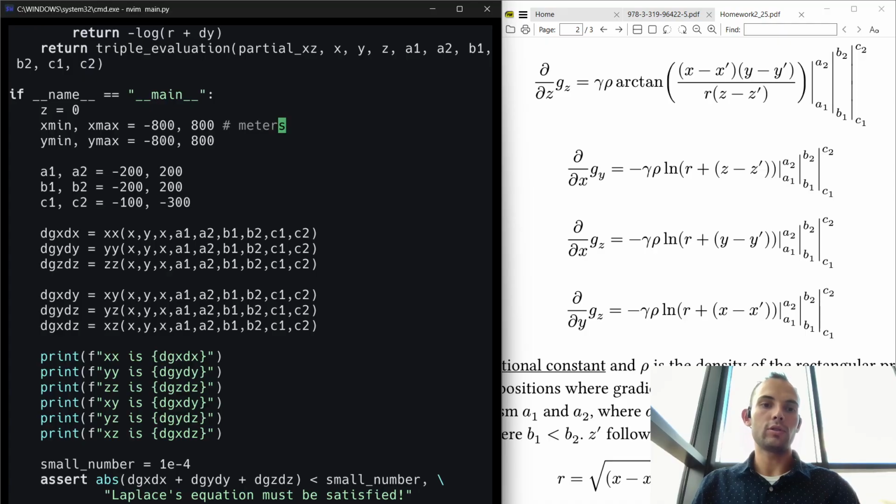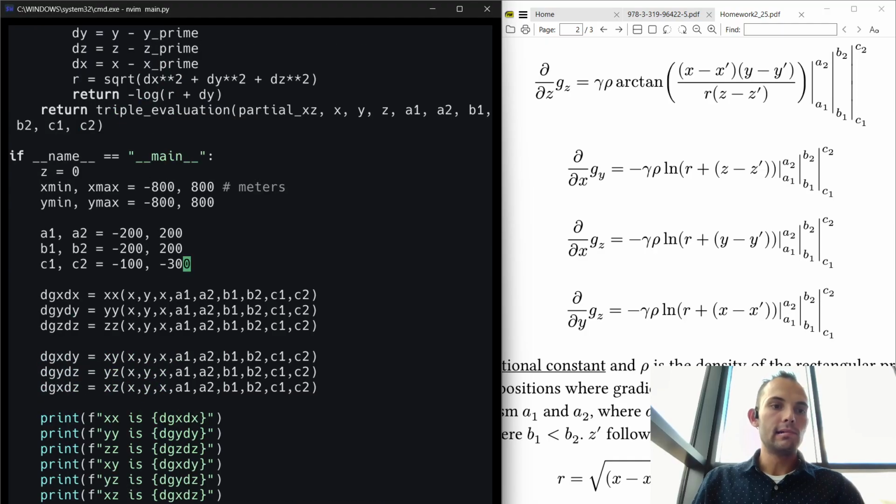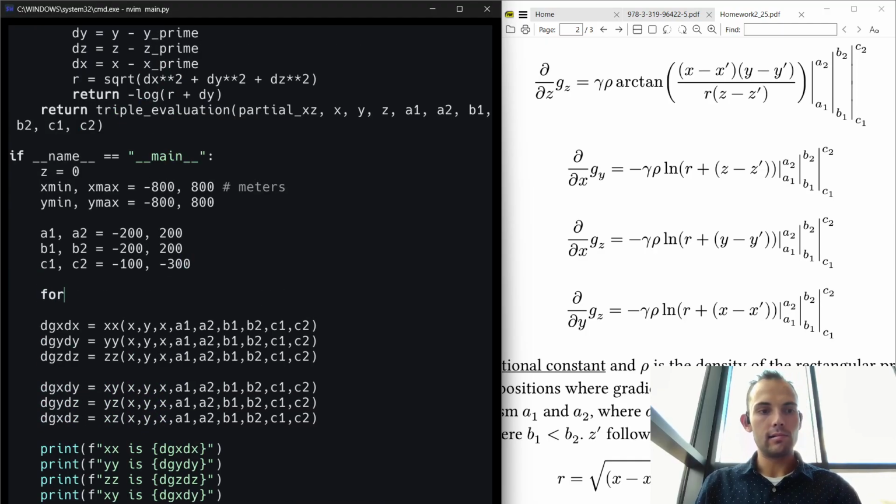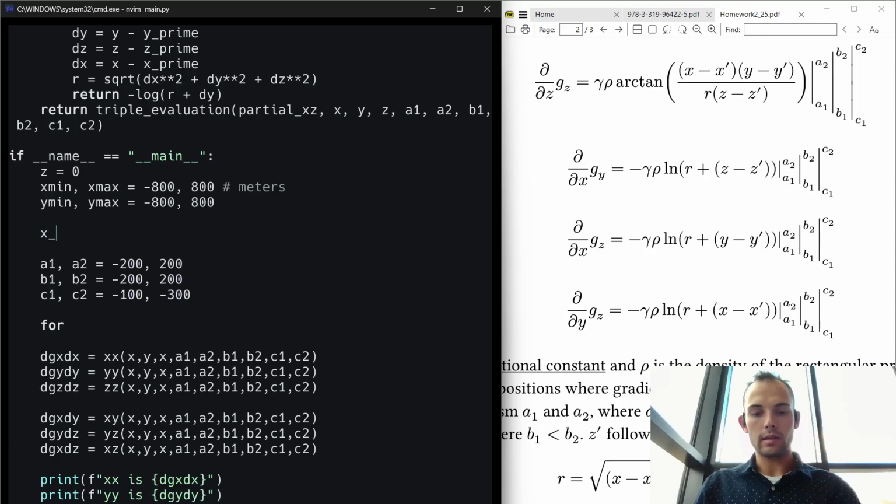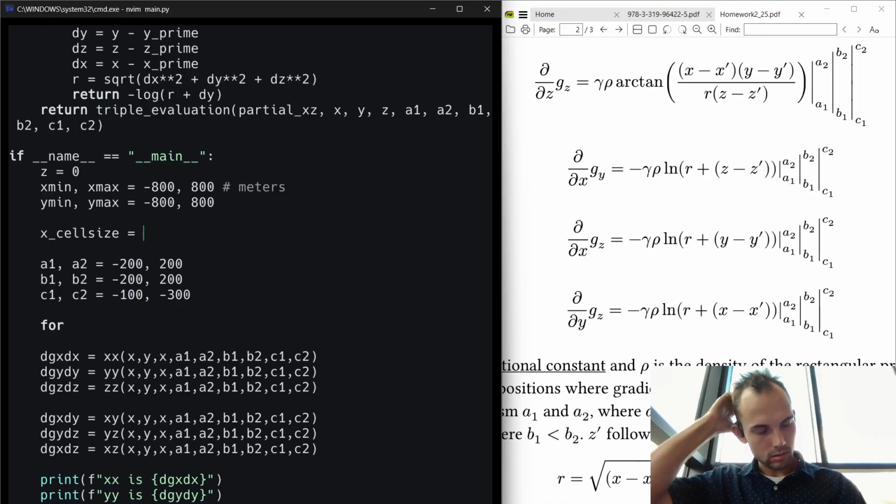All of our spatial stuff is in meters. And now we can go for, I need an x cell size. What's an even number we can pick? I think 20 would be reasonable.